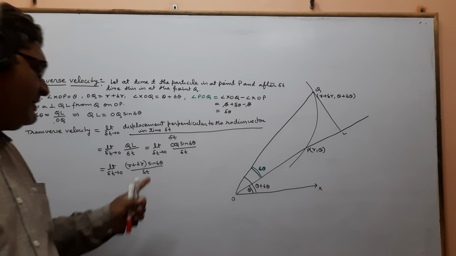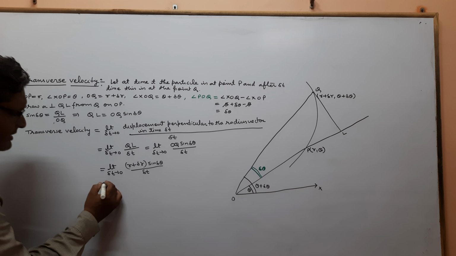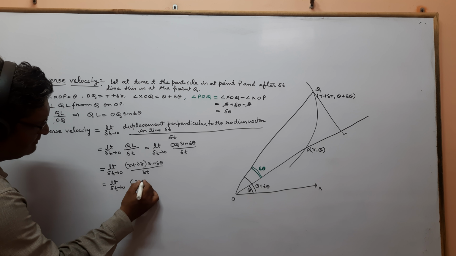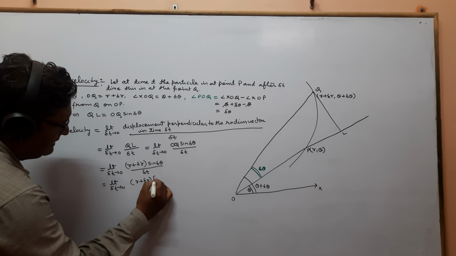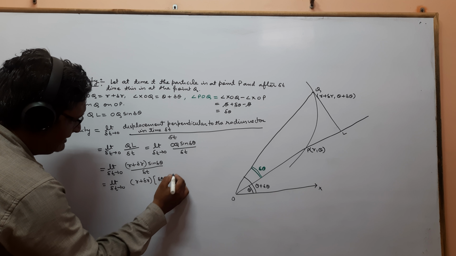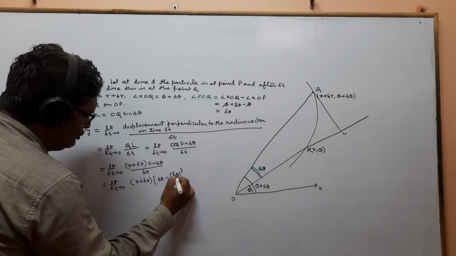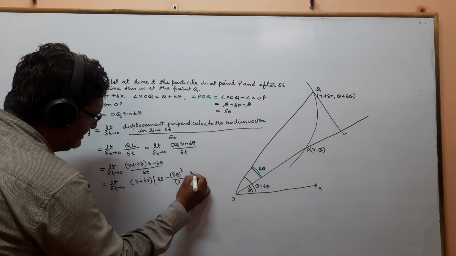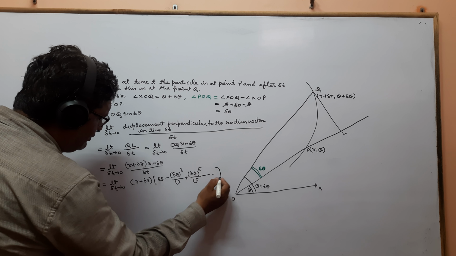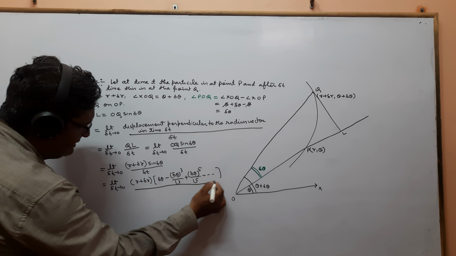Now we put here the expansion of sine del theta, which is del theta minus del theta whole cube upon factorial 3 plus del theta whole power 5 upon factorial 5 and so on, divided by del t.